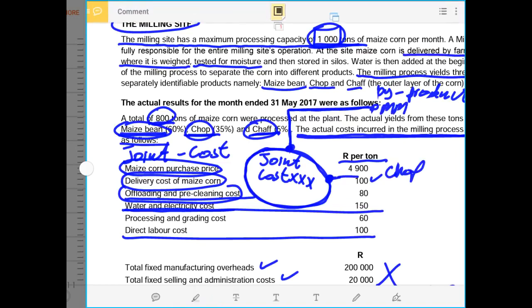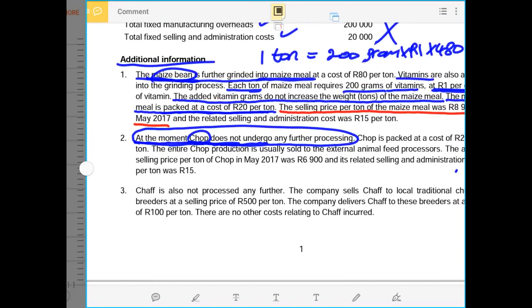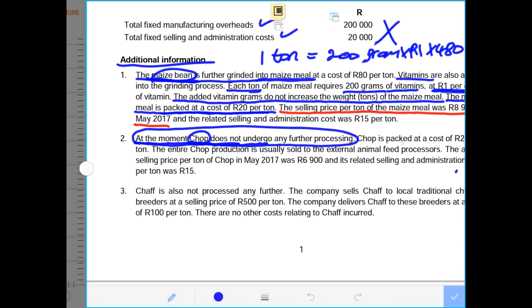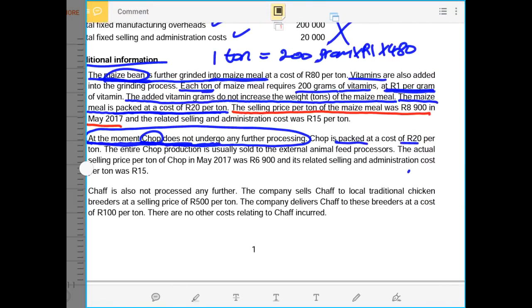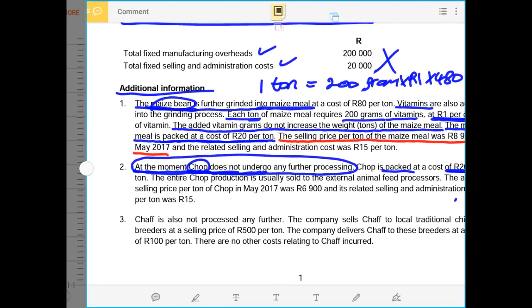They tell us that chop is packed at 20 rand per ton. Though this is not further processed, the 20 rand is a cost incurred further in order to package the product, not necessarily to process it further, but it will still be classified as a further processing cost, which is the packaging cost.